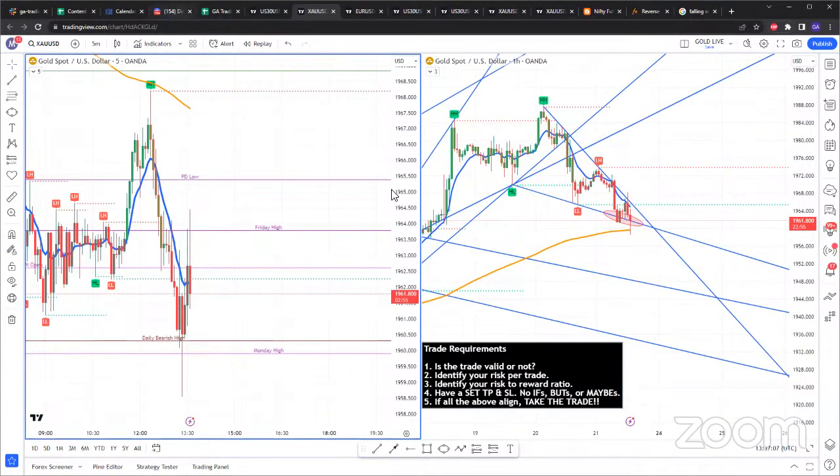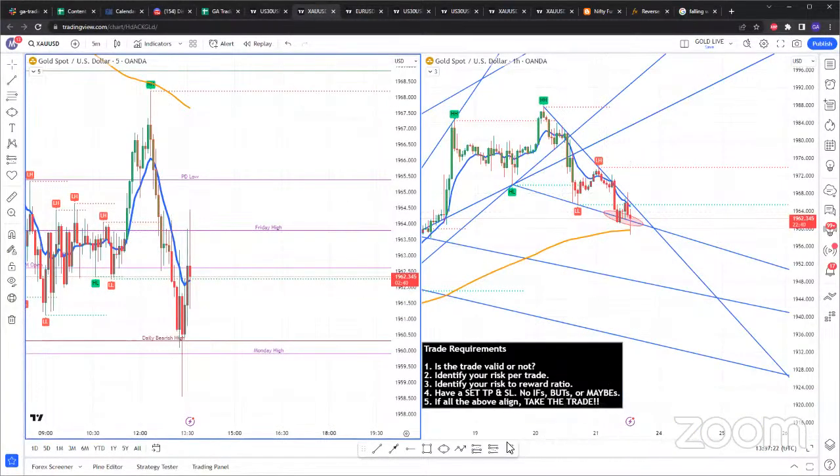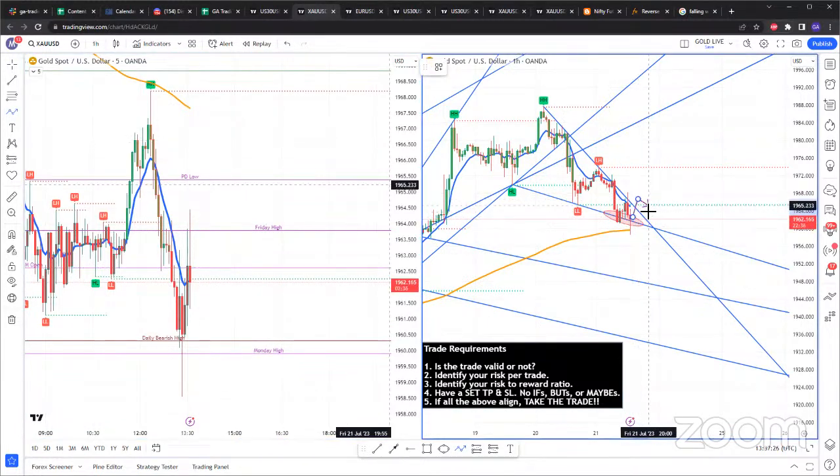So what we would expect here is for gold to break out of this falling wedge, retest and close above, and then you'd look for an entry with a target around where the wedge was created. So if that is to play out in this particular instance, what we would expect is for gold to close above, retest, and then pump to either here or here.